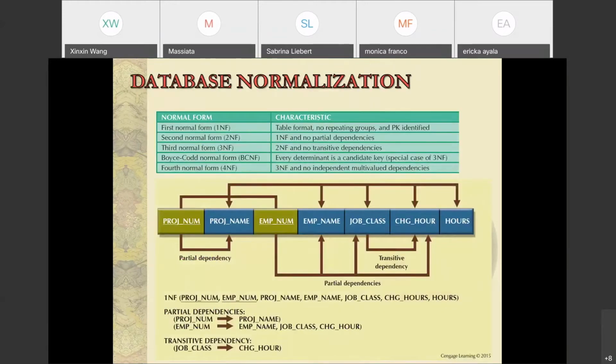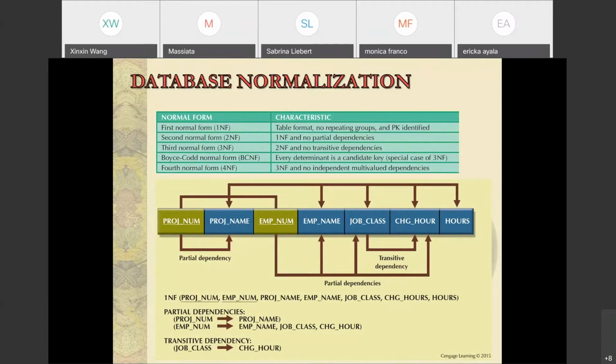Next, I'm going to talk about the different normal forms, right? Normalization forms. So you don't need to remember everything on this table. You just need to remember the first three, right?